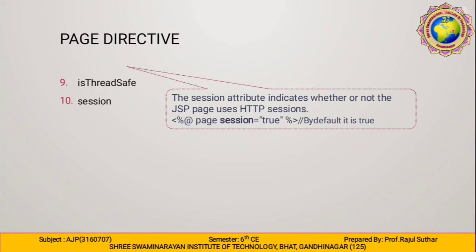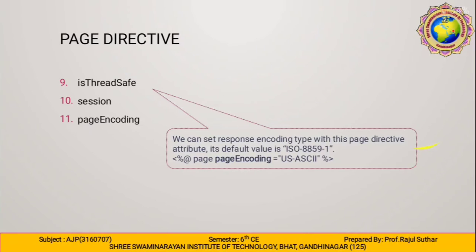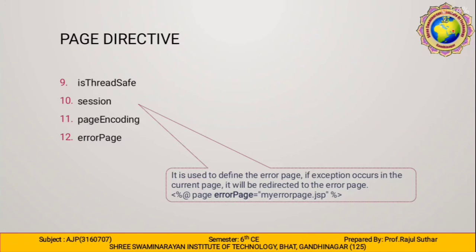The session attribute indicates whether or not the JSP page uses an HTTP session. Session is equal to true. By default it is true. Page encoding. So we can set the response encoding type with the page directive. These attributes work like pageEncoding is equal to US-ASCII. Error page.